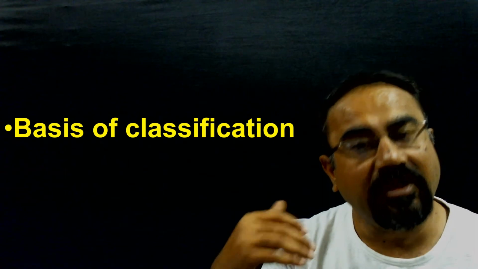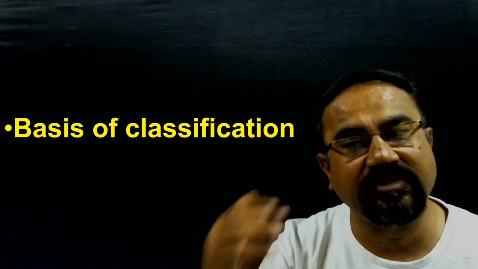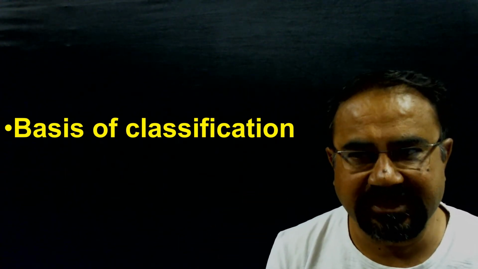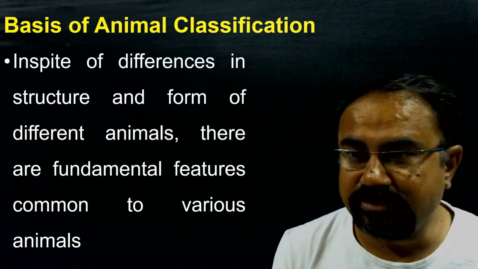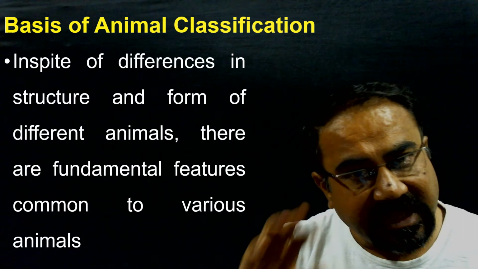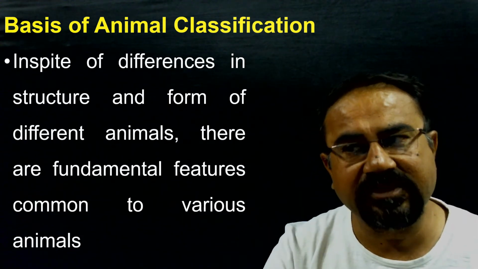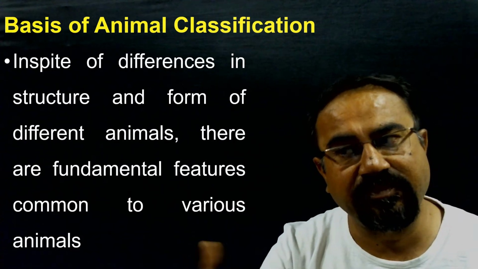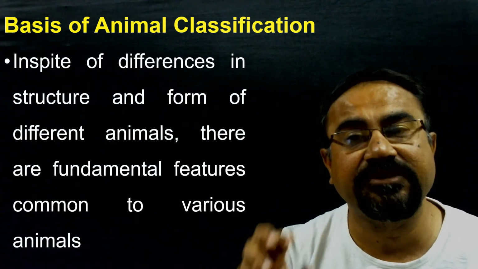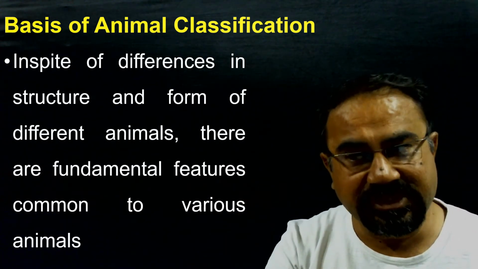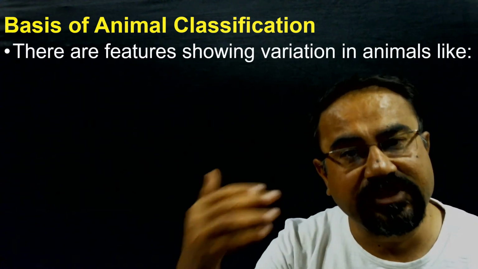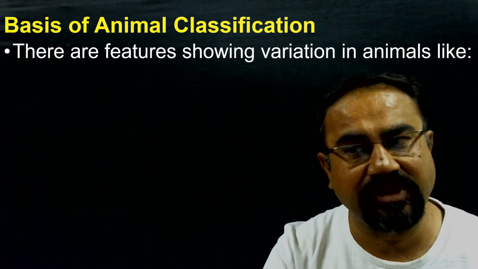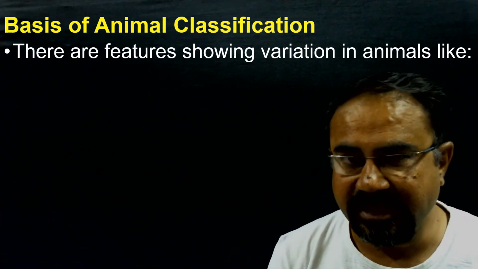इसीलिए हम चाहेंगे कि we will go through the basis of classification. Which are the bases of classification? हम classification कैसे करेंगे? Let me go through the detail. There are differences in structure and form, but certain fundamental things remain common. कॉमन चीज जो है वो हमें ध्यान में नहीं लेनी, लेकिन जो फंडामेंटल फीचर्स अलग अलग हैं, वो डिफरेंस हमें ध्यान में लेना है.